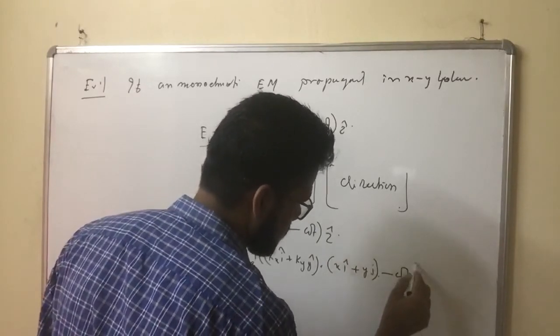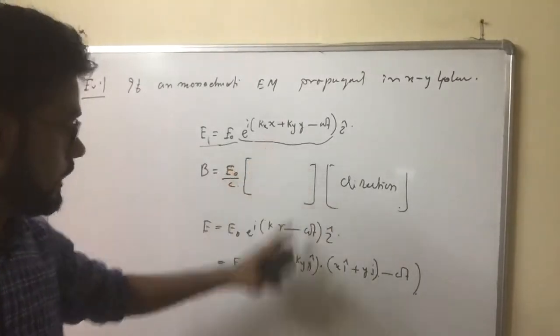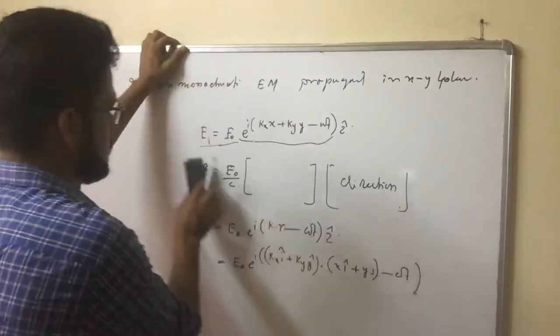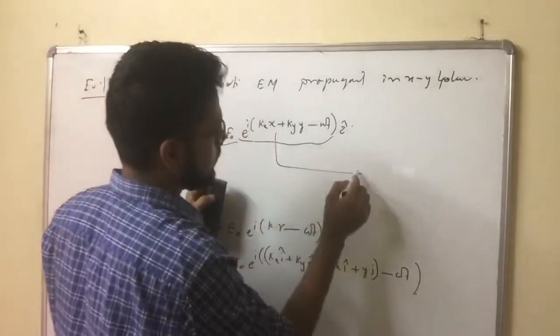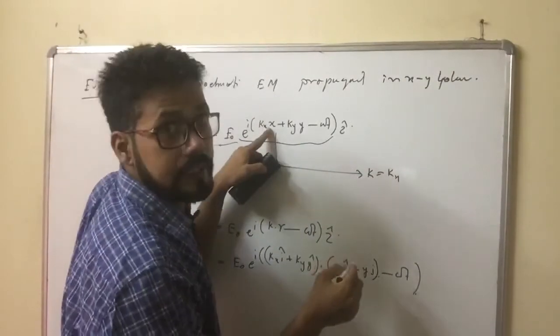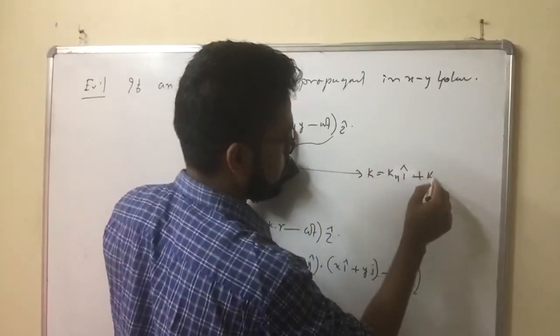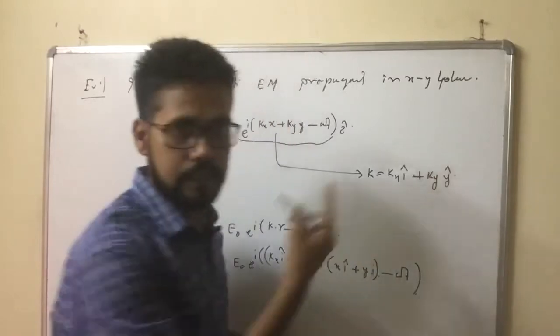If we take the dot product, you will get this term. In short form, we always remember the unit vector of k: kx is associated with x, so you write x cap; ky is associated with y cap.